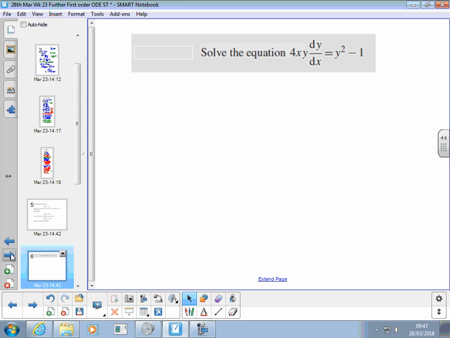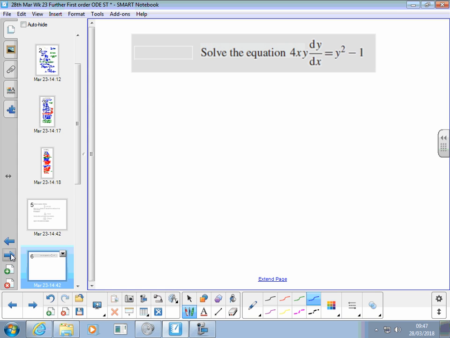Alright, so we're going to solve the equation 4xy dy by dx is equal to y squared minus 1. The first thing we need to do is rearrange to separate the variables, x on one side, y on the other.